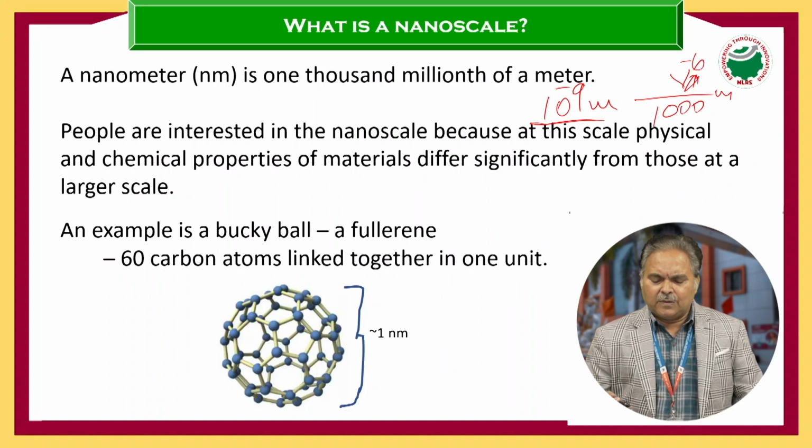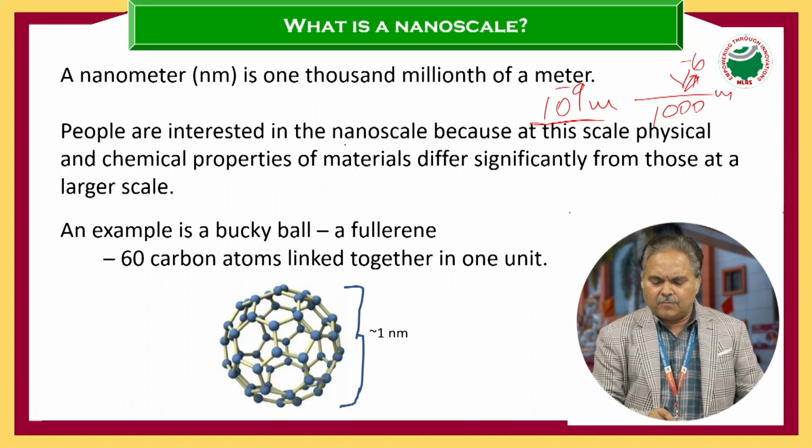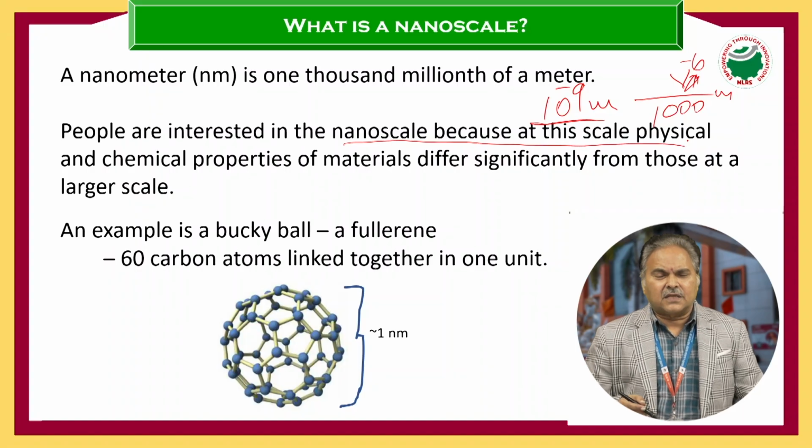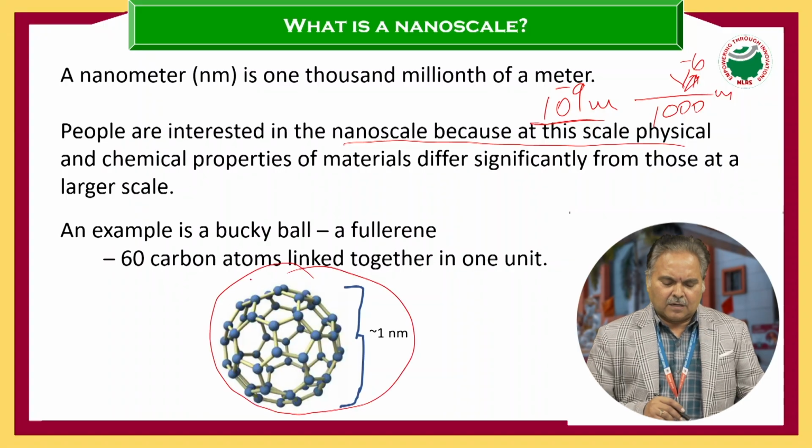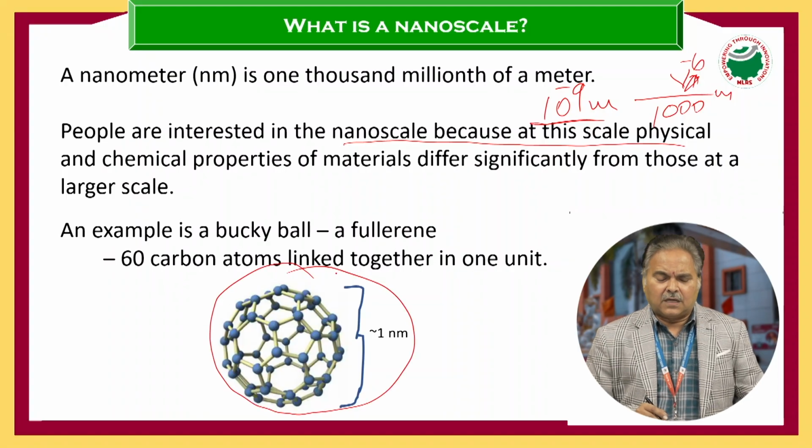Because of this scale, physical, chemical and mechanical properties change, different from the usual bulk materials. You can see this material is a bulky ball, called a buckyball or fullerene. It is a very important material for mechanical strength and chemical reactions.